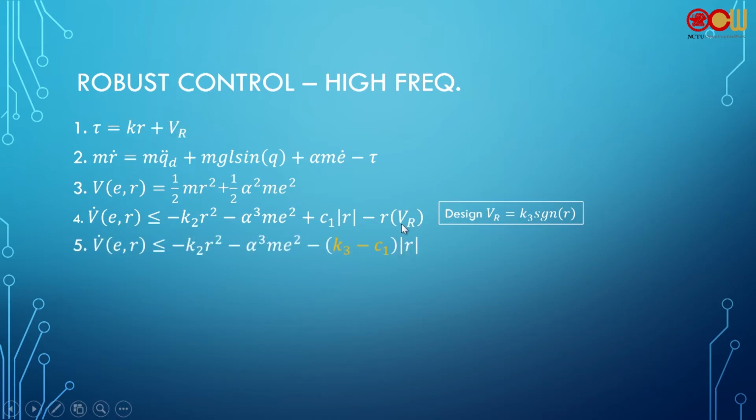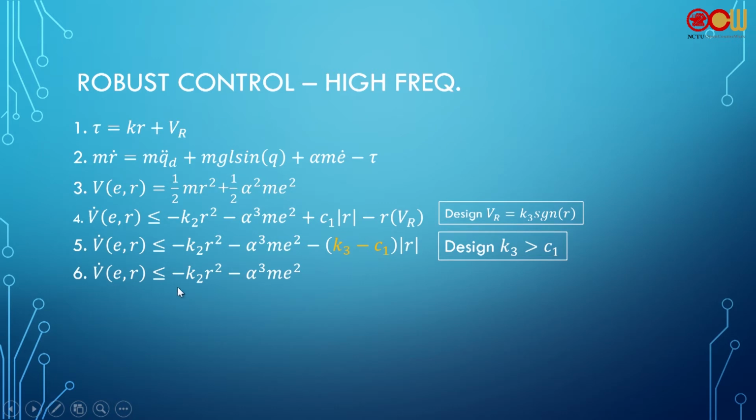So the high frequency term here, multiplied with this R, gives you the absolute value of R. And that can be grouped with this bad term C1 absolute value of R. As long as K3 is greater than C1, this term will be negative. And because it's negative, it can be upper bounded by 0 and dropped out.